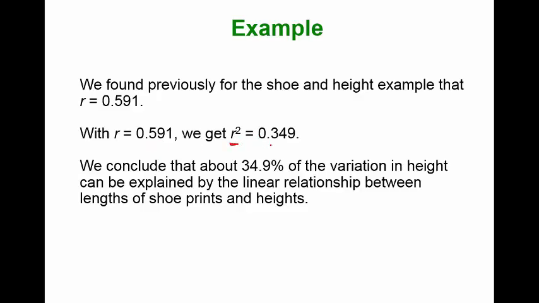If you square that, you get 0.349. And so we can say that about 34.9% of the variation in height can be explained by the linear relationship between the x and the y variables.